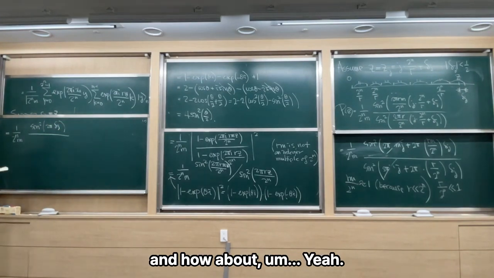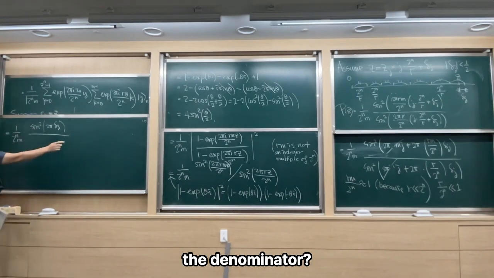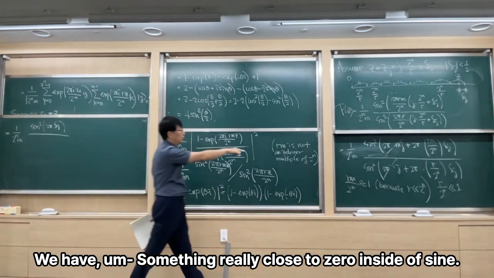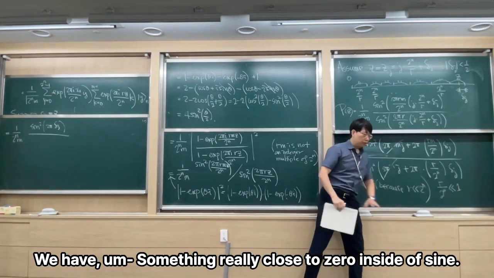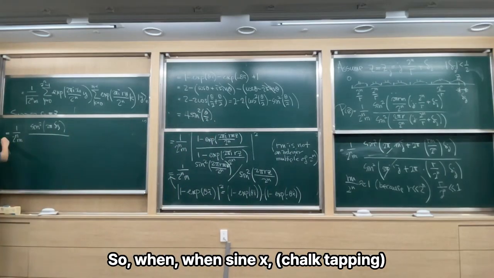And how about, yes, it's 2π. And how about the denominator? We have something really close to 0 inside of the sine.